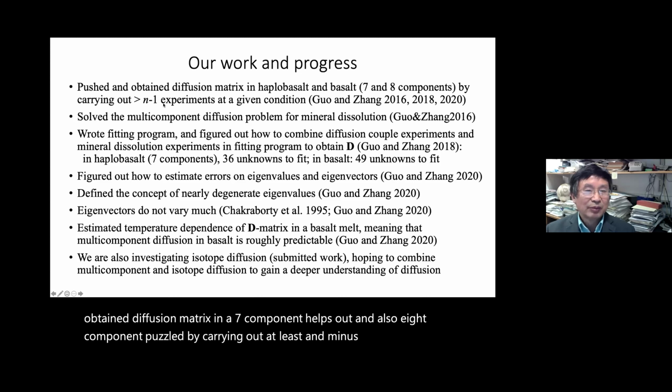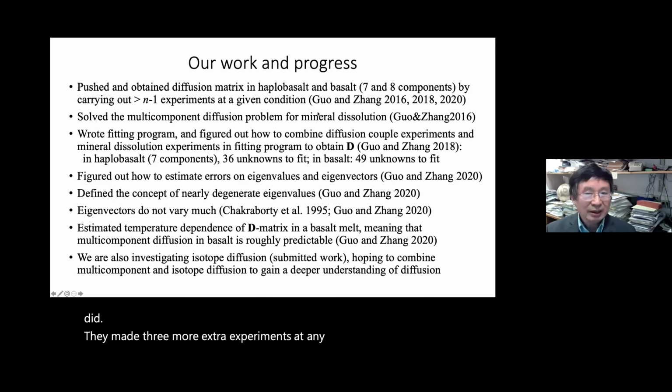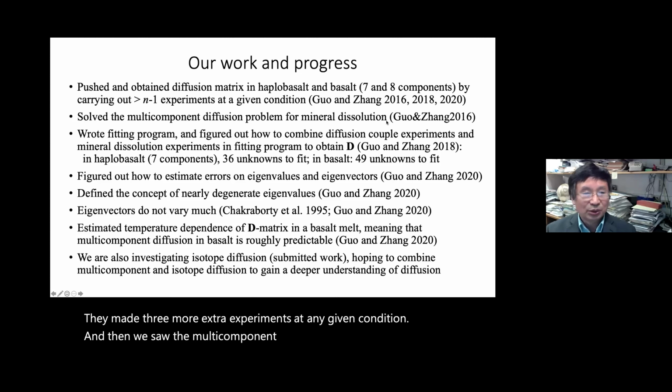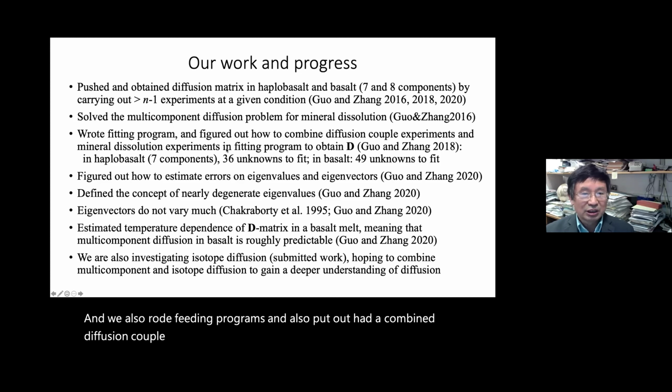Actually, we made 3 more extra experiments at any given condition. Then we solved the multi-component diffusion problem for mineral dissolution. We also wrote fitting programs and figured out how to combine diffusion couple experiments and mineral dissolution experiments to obtain diffusivity. This is done in our 2018 work.